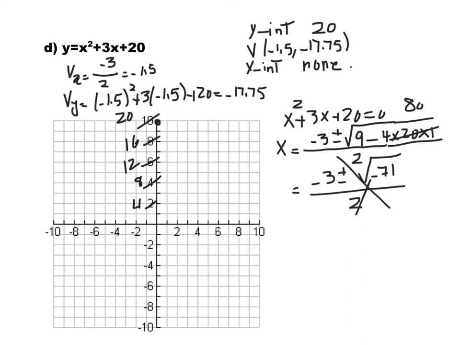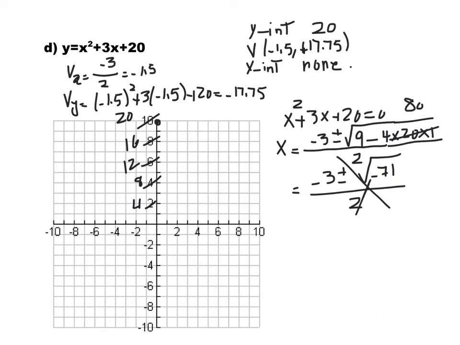I just noticed the mistake I made previously. The vertex, the y-coordinate is positive 17.75. The x-coordinate is still negative 1.5, but the y-coordinate of the vertex is positive 17.75. So let's plot this point.